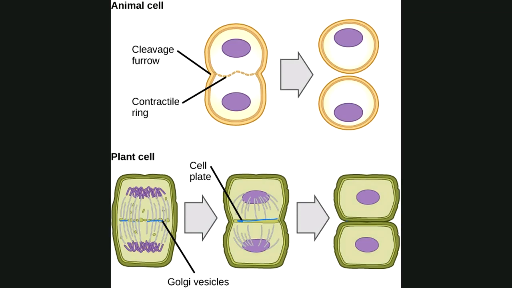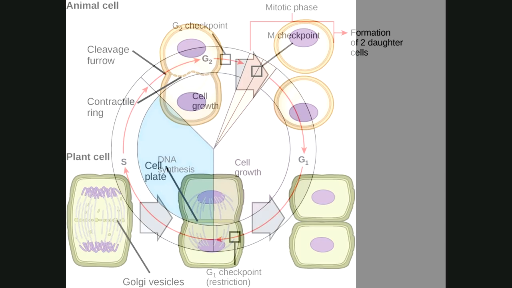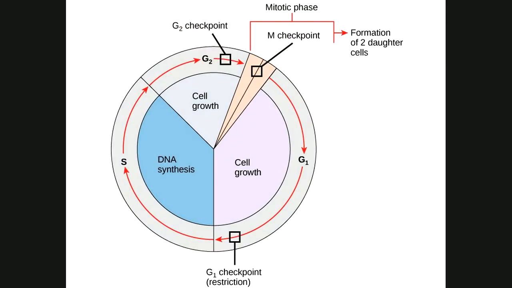All right, so I did tell you that there are some checkpoints, right? As far as the cell cycle goes. And that's to make sure that a cell doesn't begin to enter into mitosis if it's not prepared to do so. So notice that we have a checkpoint at G1 to make sure that everything that should have happened there has happened.